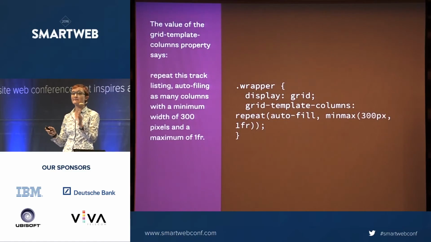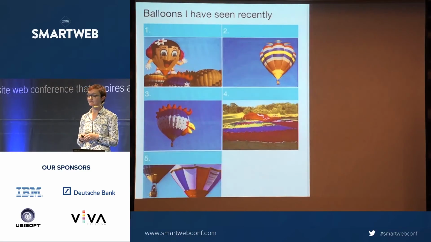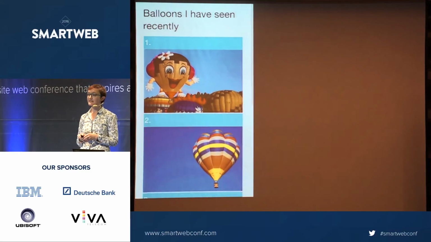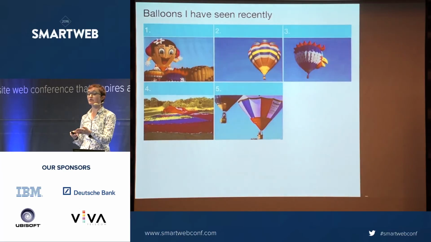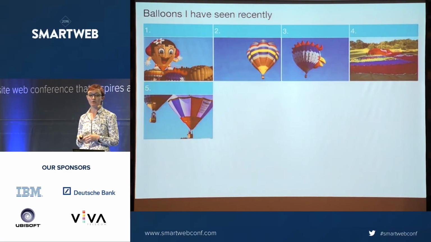So you end up with as many flexible width columns as will fit into that viewport. And so you get this. And as you can see, the things line up right through the track. You don't get this space distribution line by line that you do with Flexbox.